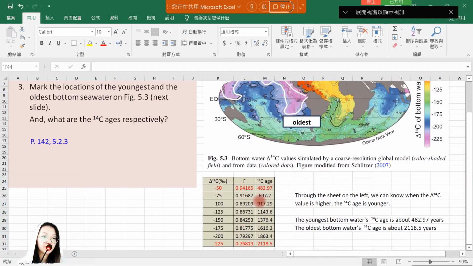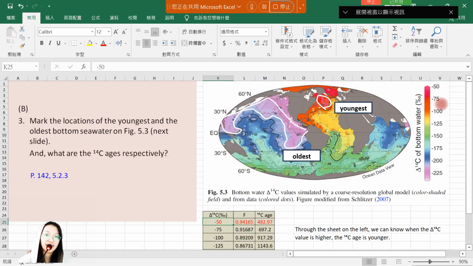I made a sheet. The delta 14C value of minus 50 per mil has a 14C age of 482, and the minus 225 per mil has a 14C age of 2118. So we can know that when the delta 14C value is higher, the age is younger.